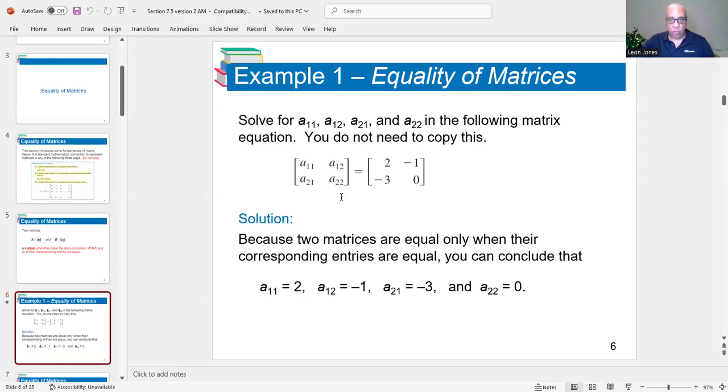And this is column 2. So we conclude that A11 equals 2, A12 equals -1, A21 equals -3, A22 equals 0. That means the dimensions are the same. We have 4 elements in each matrix.